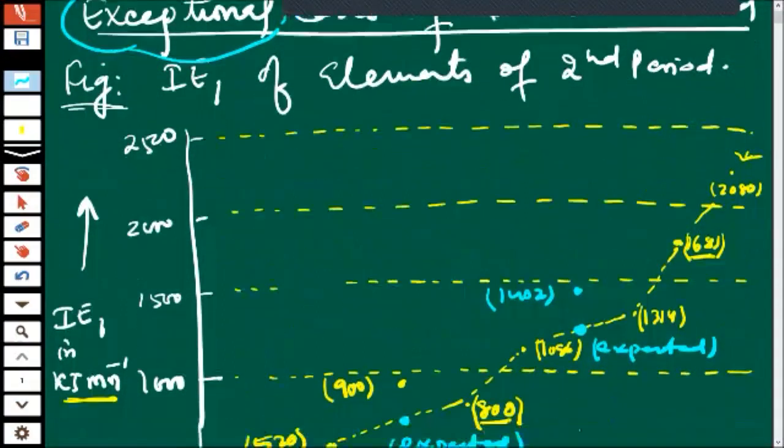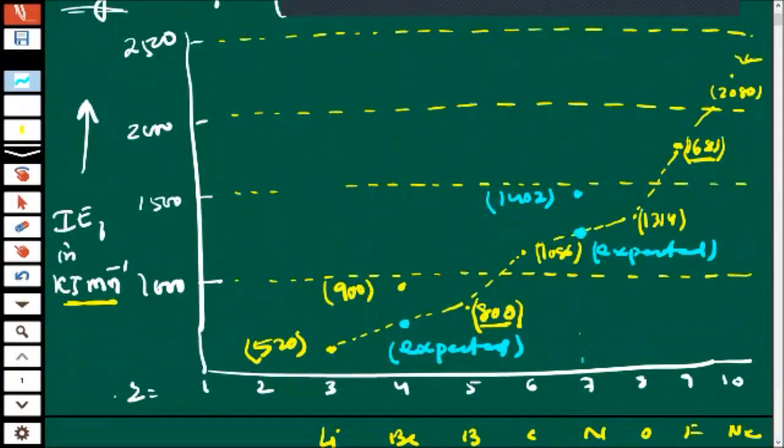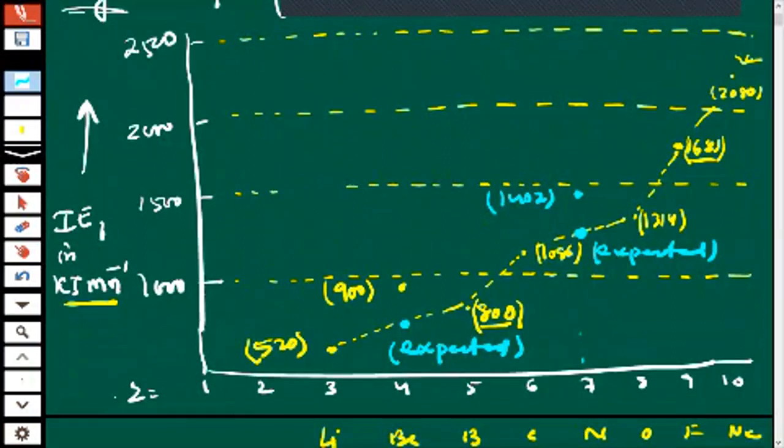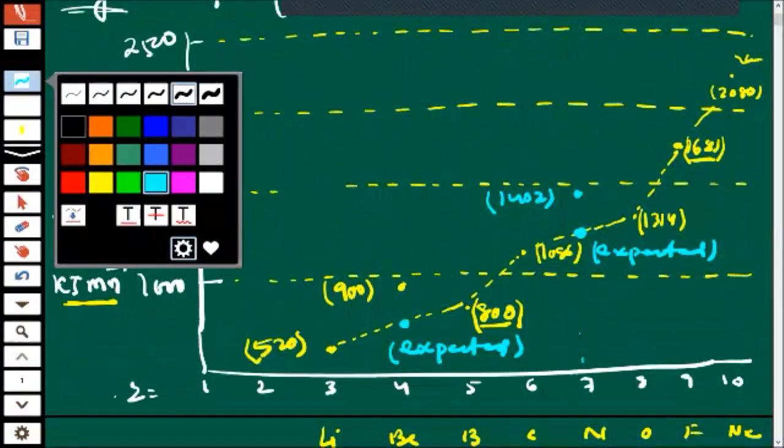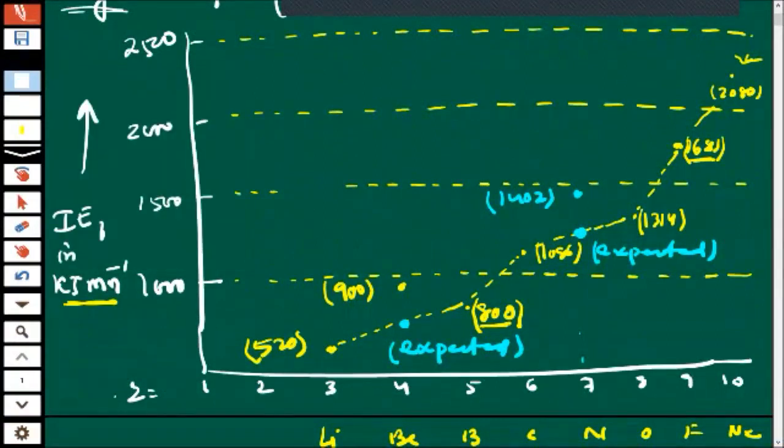Okay, children. So original graph becomes like this. Original graph, if we want to draw, it will become like this. Here it is moving here, then again comes back, then here is okay, then from carbon, again it is here and again coming down.